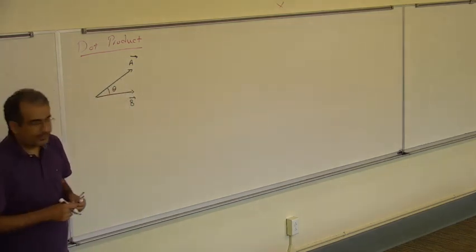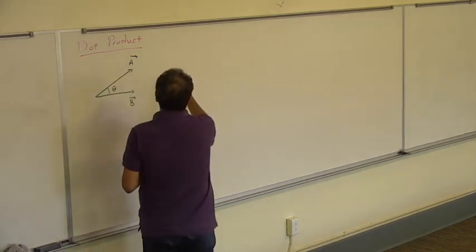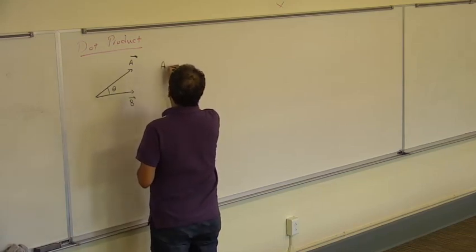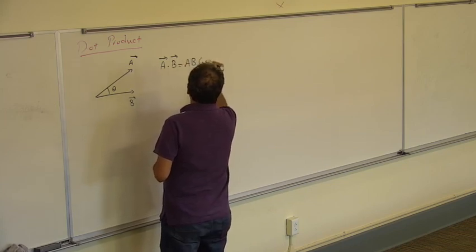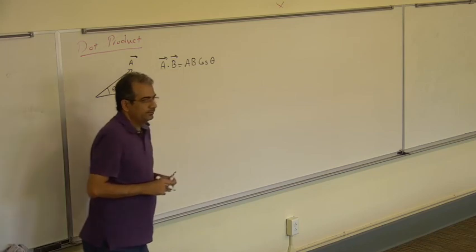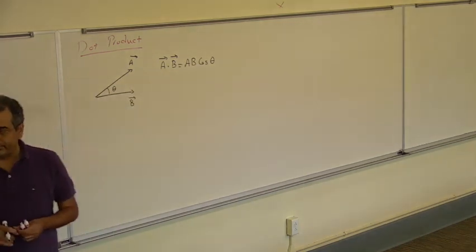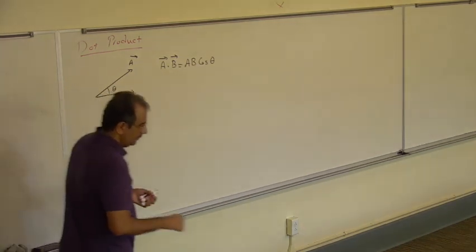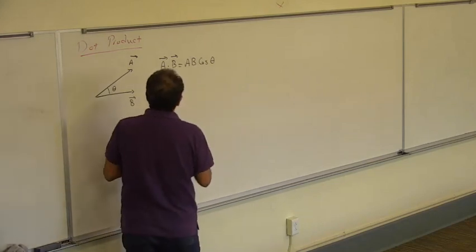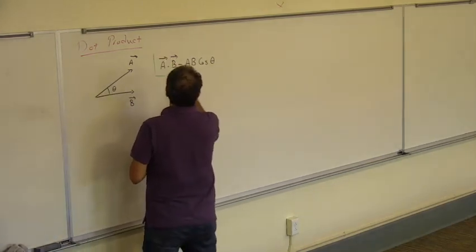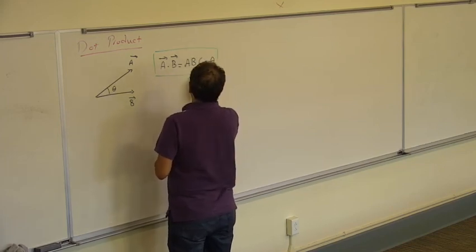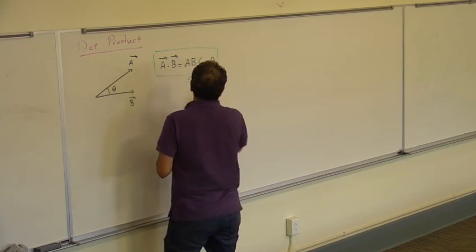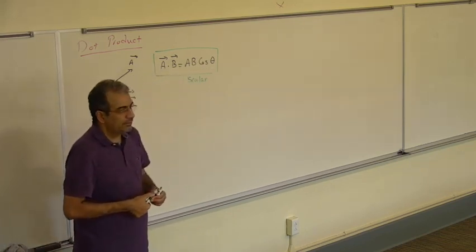If I have it like that, I can say that A dot B is A B cosine theta. One thing that I want to mention is that this is a scalar.